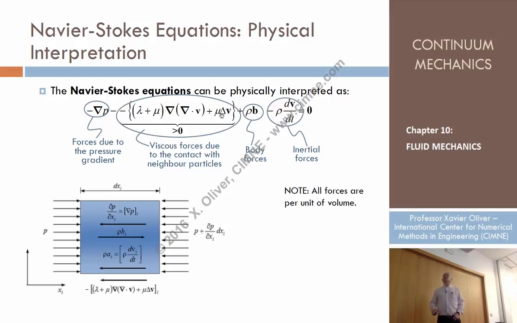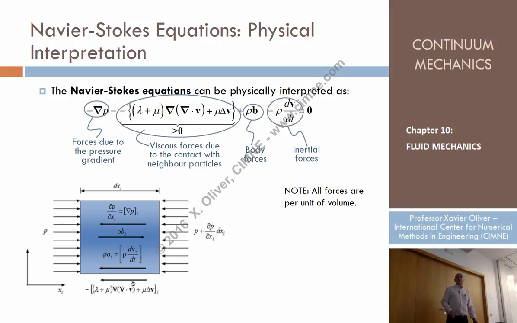What is this force? This force is proportional to viscosity. What is viscosity? It's like friction. Viscosity on this particle is the force that is done by contact with the neighboring particles. So the viscous forces which act on the lateral surface of the element, which are minus lambda plus mu times this term, are proportional to the viscosities.